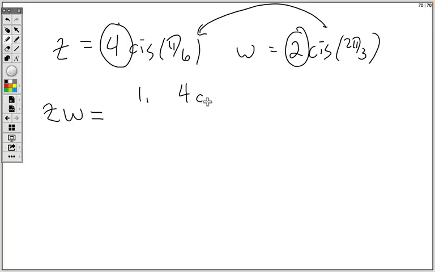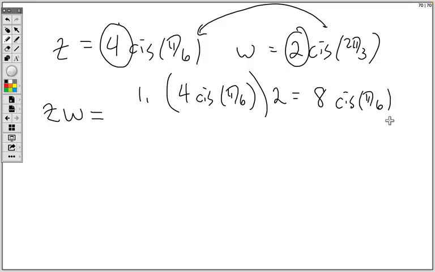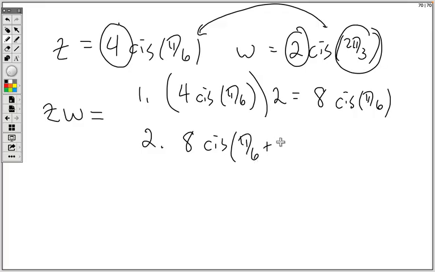So we'll take 4 cis pi over 6 times that modulus. That's going to get us to 8 cis pi over 6. And then the second step is now I'm going to add the argument. So 8 cis pi over 6 plus 2 pi over 3, which gets us to 8 cis 5 pi over 6.